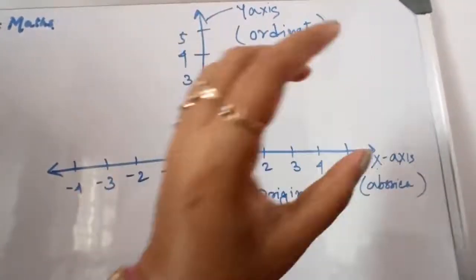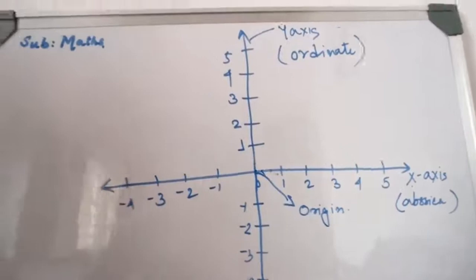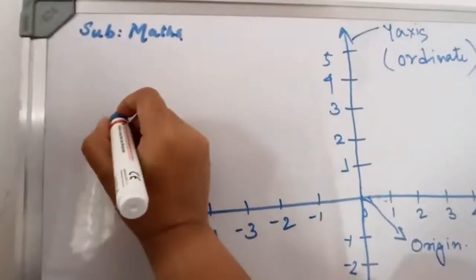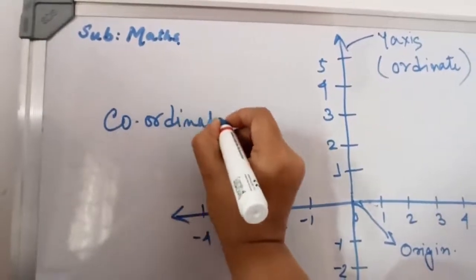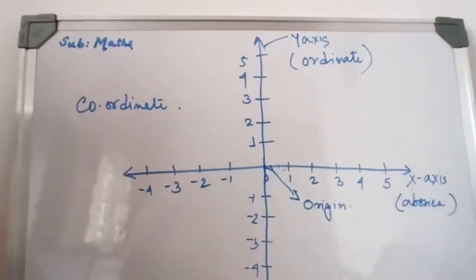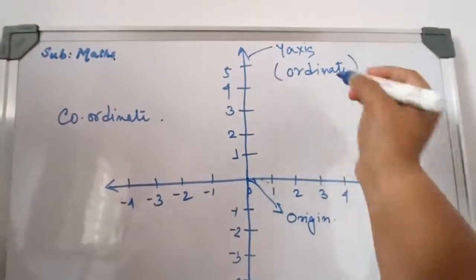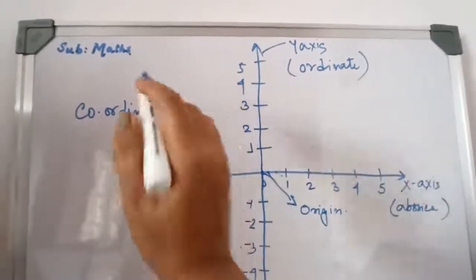The combination of abscissa and ordinate together forms the coordinate.